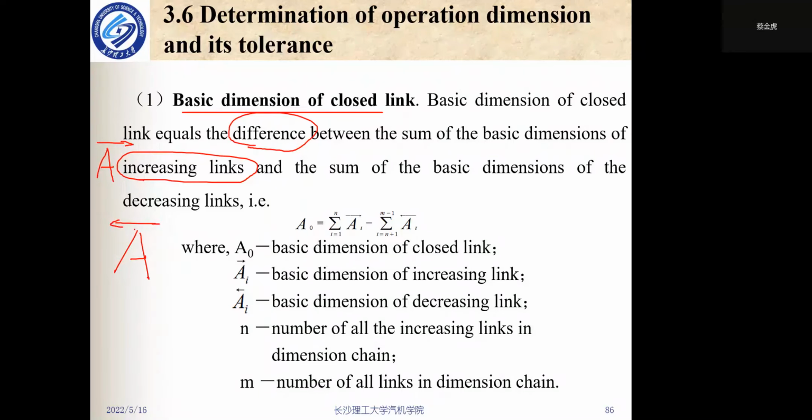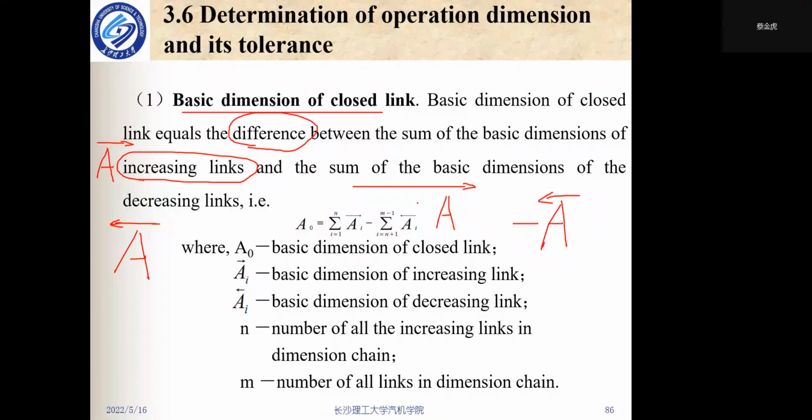Generally speaking, if there are some decreasing links in the dimension chain, we give them a negative symbol. And if there are some increasing links, we give them a positive symbol, and we will not write this positive symbol.